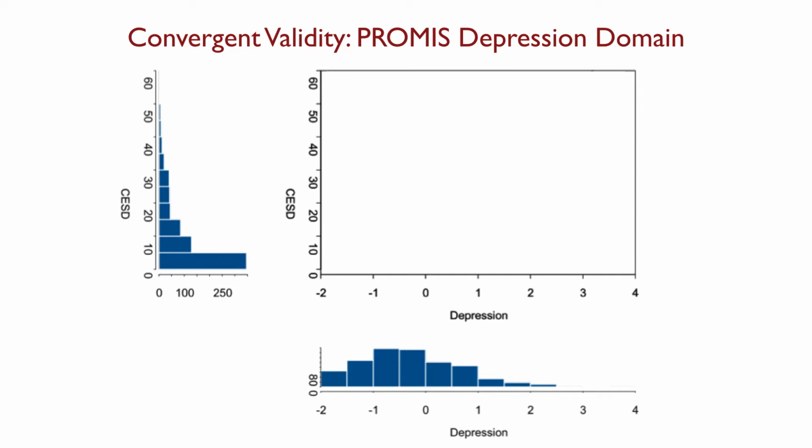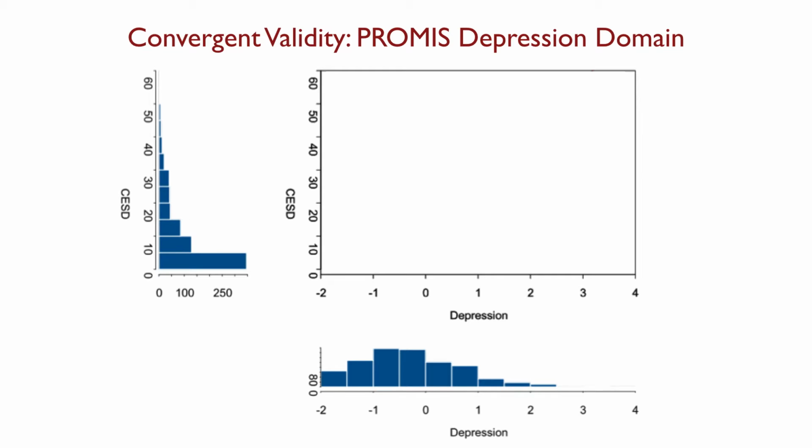So one type of validity evaluation concerns convergent validity. This refers to the extent to which our new measure's scores are associated with another measure's scores that's supposed to be measuring the same thing. And so in this example, we've got a relatively new measure of depression, the PROMIS depression measure, and we'd like to know how it relates to another popular measure of depression used in research, the CESD.